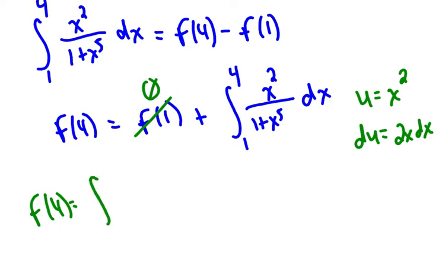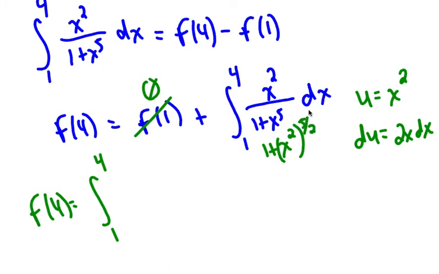So if we do this, now this is something I was trying to think, I don't know if I covered this in any of the notes or not, but if I know u is equal to x squared, this is the same thing as 1 plus x squared raised to the 5 halves, right?